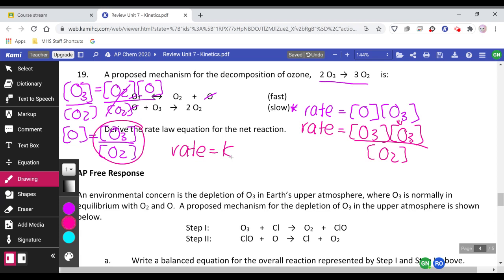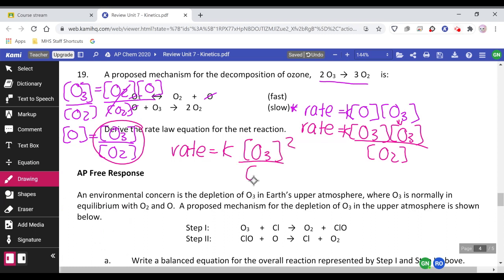We need to add k in here. Don't want to forget k. So rate is equal to k times O3 squared over O2. So it kind of reminds us of Hess's law in a way. Okay, at least it does me.